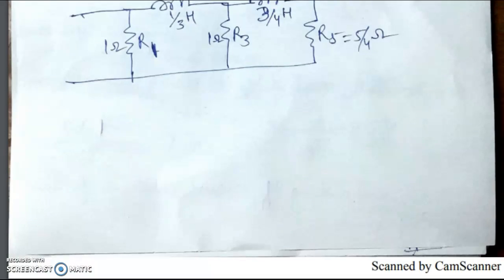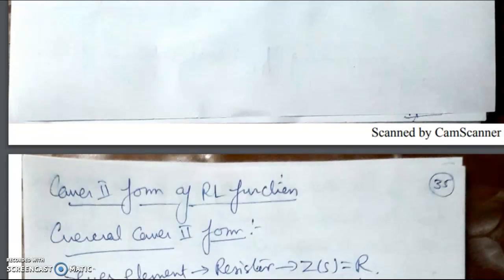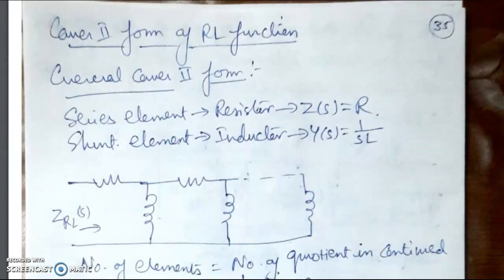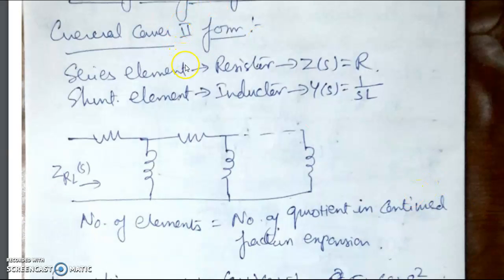Now we have to obtain the Cauer 2 form. Cauer 2 form is again a ladder network. The difference between Cauer 1 and Cauer 2 form of RL network is that the series element, in the case of Cauer 1 form, is an inductor, while in the case of Cauer 2 form it will be a resistor, because the series element is defined by its impedance, that means Zs must be equal to R. And the shunt element, in the case of Cauer 1 form, was a resistor, while in the case of Cauer 2 form it is an inductor, and because the shunt element is defined by its admittance, Ys is equal to 1/sL.